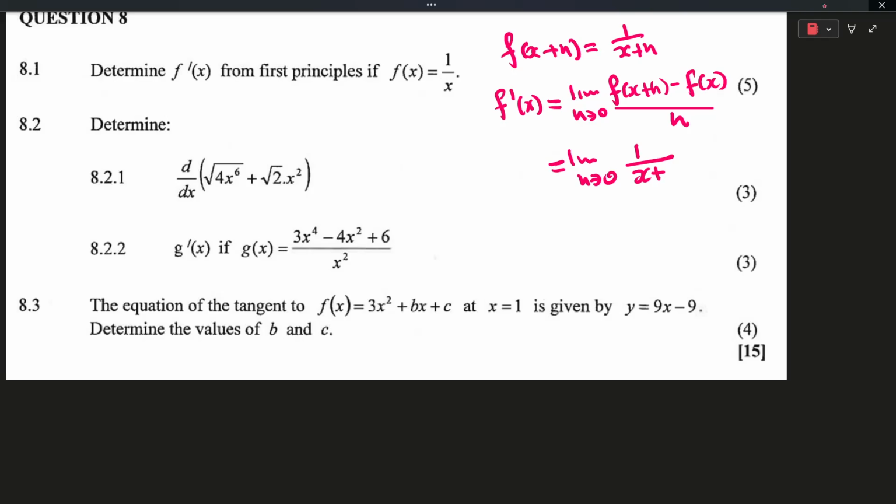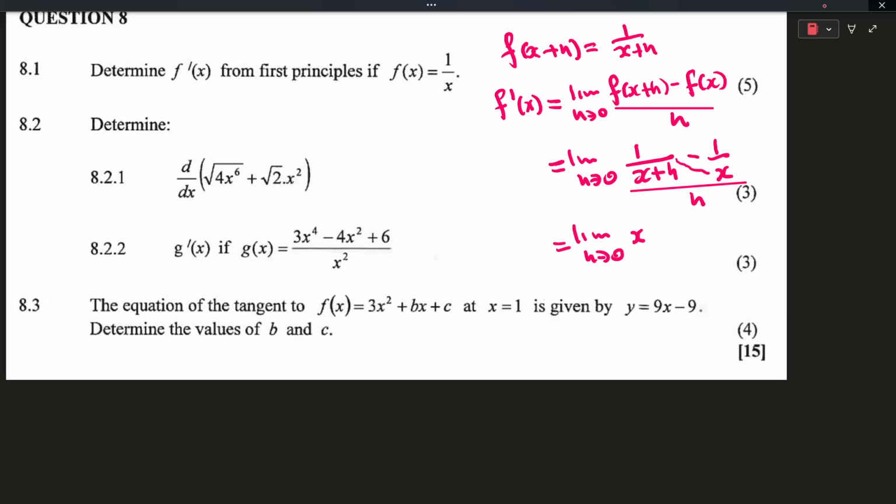Okay? Now, which means that here, where there is f of x plus h, we replace with 1 over x plus h minus 1 over x, all over h, limit as h approaches 0. Now we cross multiply: x times 1, so that is x.